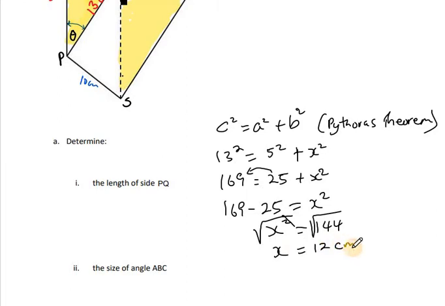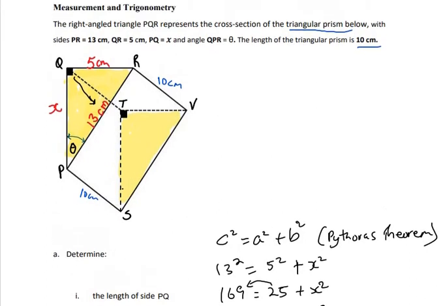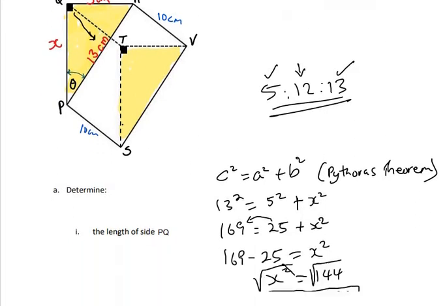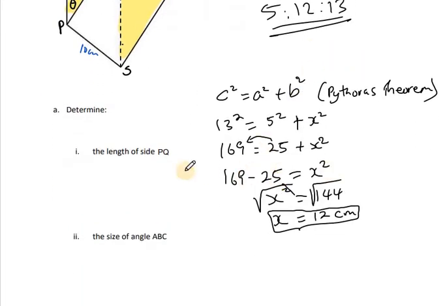So that's 12 centimeters. And if you're familiar with Pythagorean triples, you know this was a Pythagorean triple because the hypotenuse is 13, so this is a 5, 12, 13 ratio triangle. If you're given the hypotenuse of 13 and another side of 12 or 5, you know the other side has to be 12. Alright, so just a little trick of the trade to figure that out.